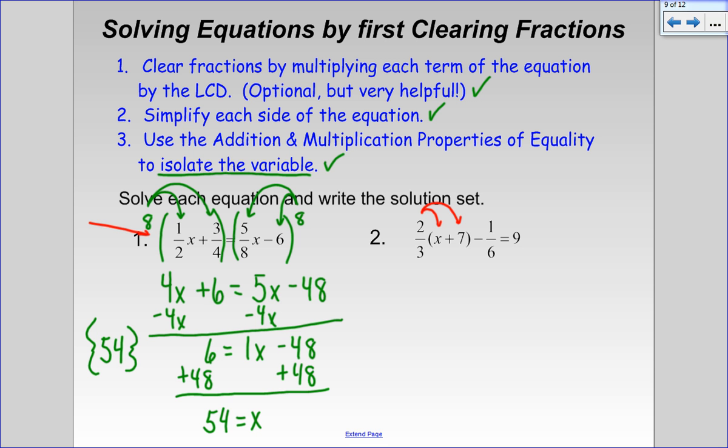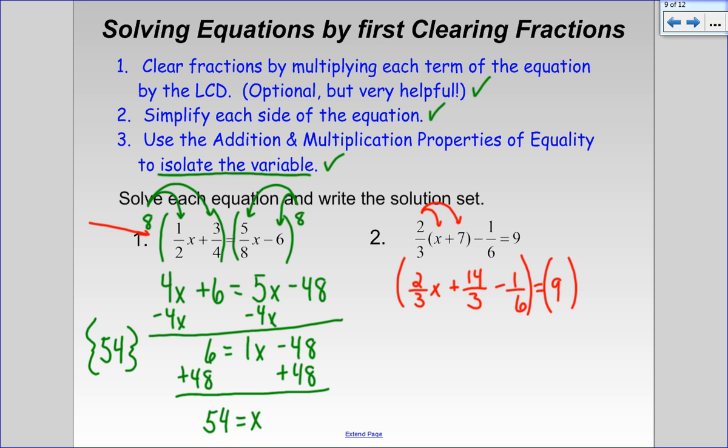So I get 2/3 x plus 2/3 times 7 would be 14 over 3. And then I carry down the rest of my equation. Minus 1/6 equals 9. And now I can pick the least common denominator of all my denominators in this problem and multiply it by both sides to eliminate my fractions.